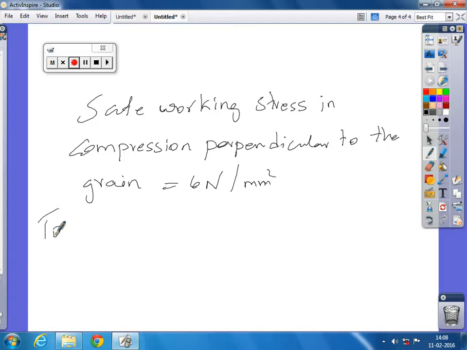And to find, what do we need to find? Write down to find, to determine what? Safe axial compressive stress. To find safe working stress in compression parallel to the grain as well as perpendicular to the grain, right?